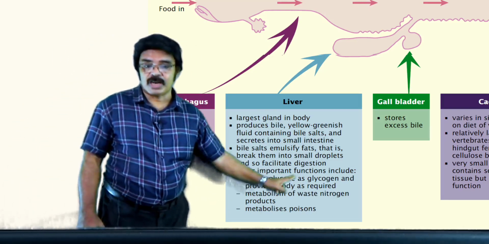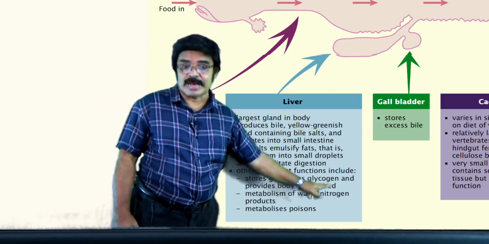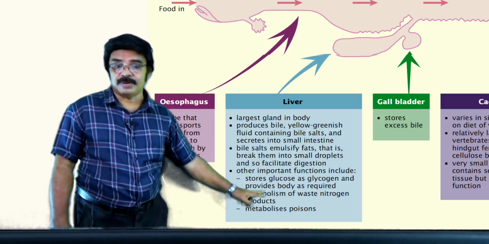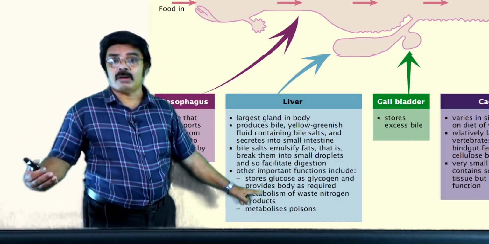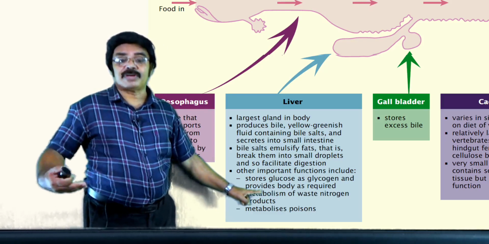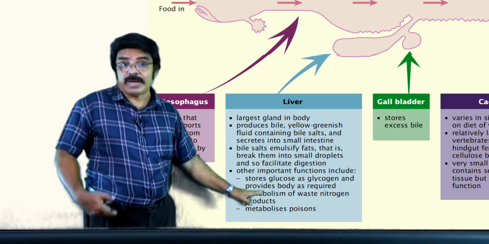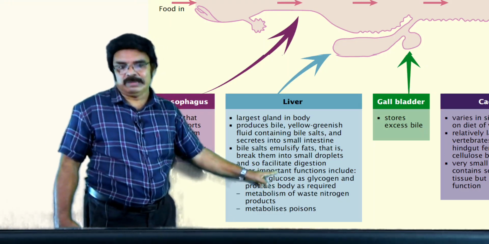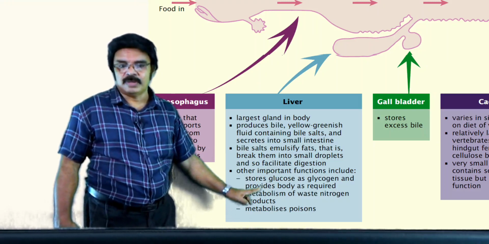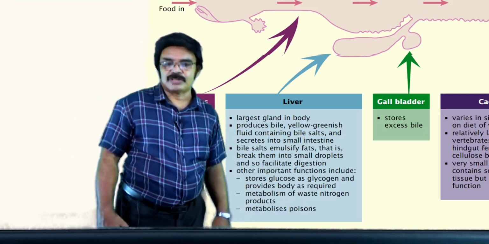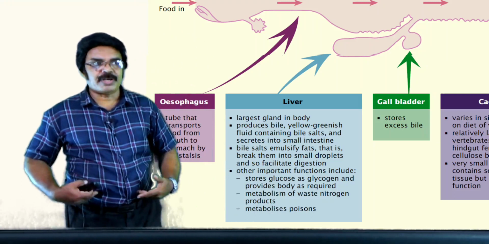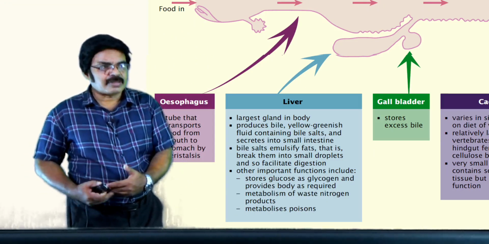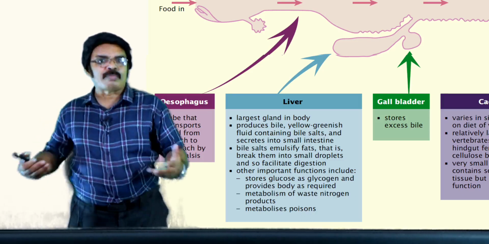Other important functions include storing glucose as glycogen. Glucose is stored in the form of glycogen and provided to the body as required. Carbohydrate is stored in the liver in the form of glycogen and also in muscles, but the liver has a good amount of glycogen. And metabolism of waste nitrogen products. When protein is broken down, the nitrogen is taken out and used to form ammonia.